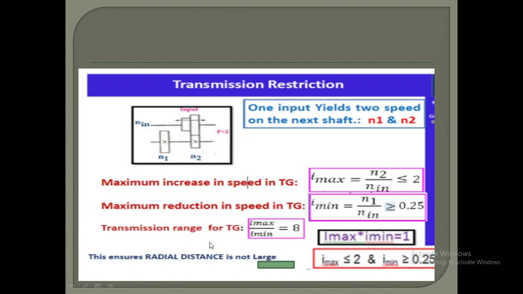Then what is the transmission range for the transmission group? This should be I max to I minimum, equal to 8. And how the increment is given, check that I max into I minimum is equal to 1. You should remember this condition before going on to the ray diagram.